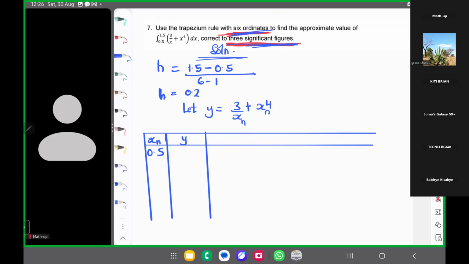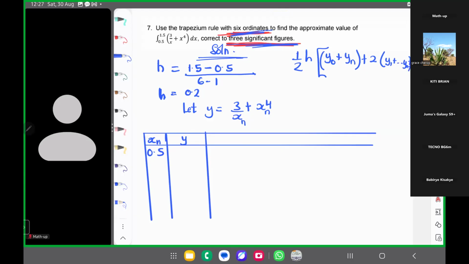First of all, let us be reminded that our formula for the trapezium rule is a half times the height, then into brackets, the sum of y naught plus the last y value, then plus twice the sum of the values between the first y value and the last y value: y1 plus all those values between, plus the value before the last y value, y subscript n minus 1.